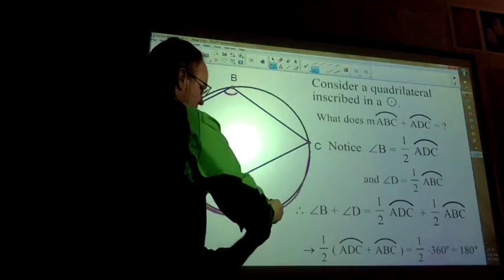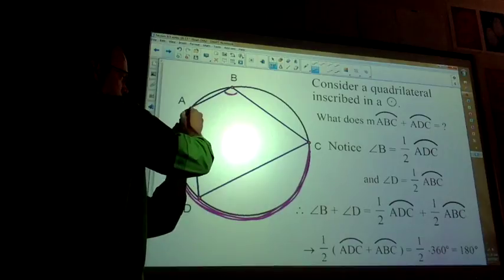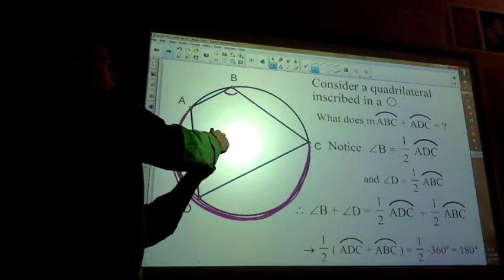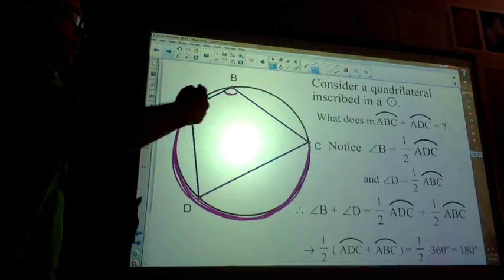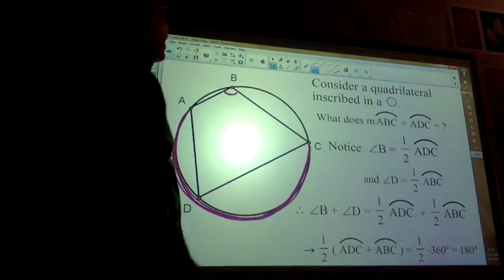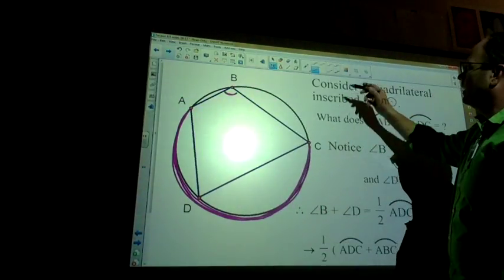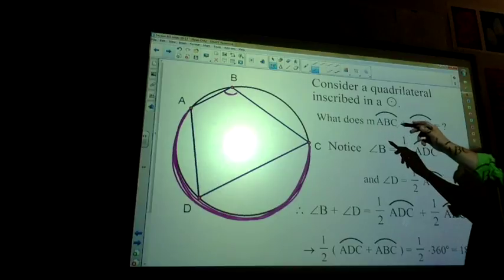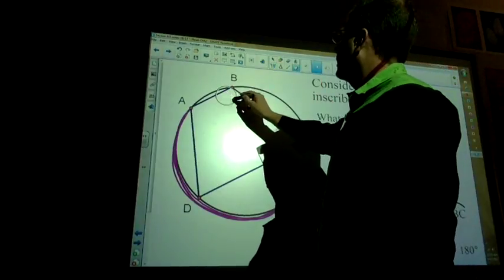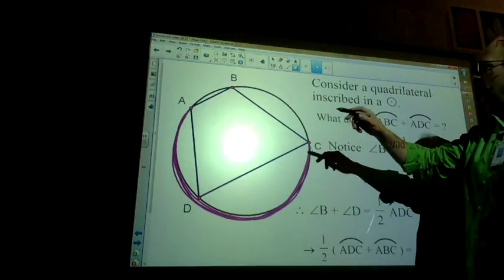No, we have the angles inside the quadrilateral. That's the arc we're talking about, right? Is this a half circle or more? It appears to be more. It's the arc of ABC plus the arc of ADC. So the measure of ABC. I did ADC first.